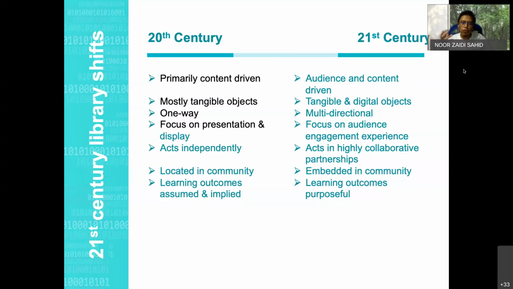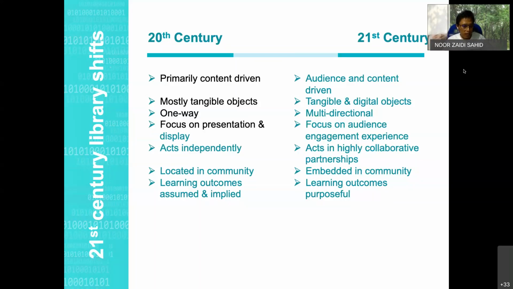They more to content, which mean dia punya koleksi lah, and mostly tangible objects, and it's a one-way service. One-way service, user don't have any choice. Apa yang you dapat adalah apa yang ada. Focus on presentation and display of the tangible object or tangible information collections in the library.